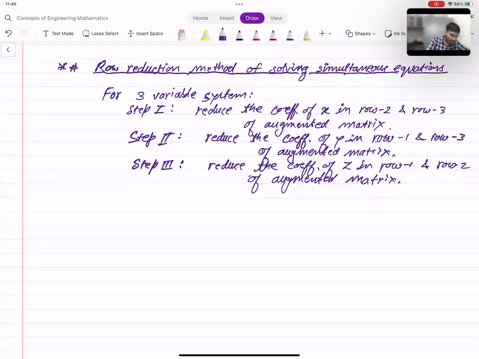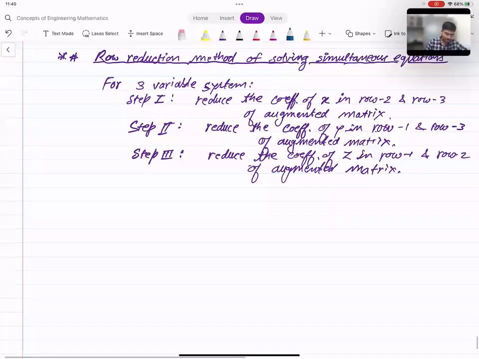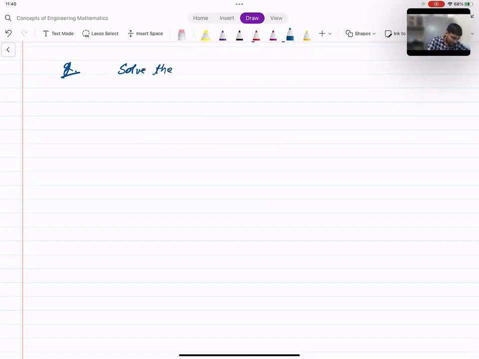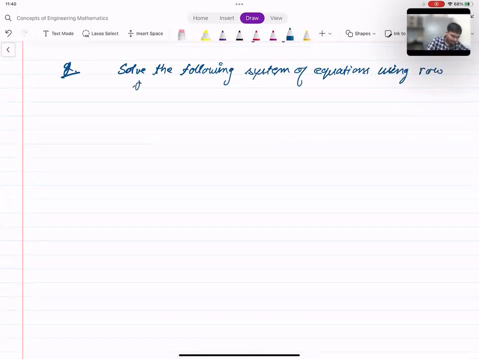So suppose we are given with the system of equations. So say solve the following system of equations using row reduction method.